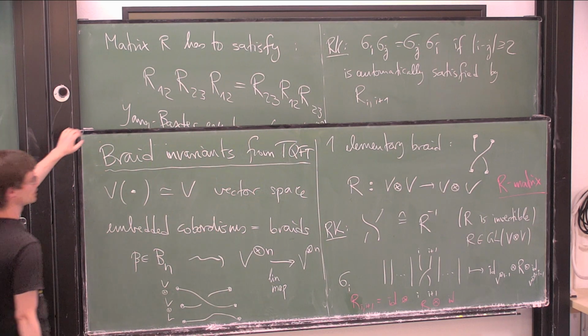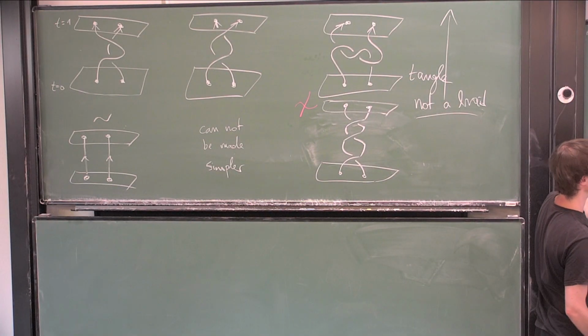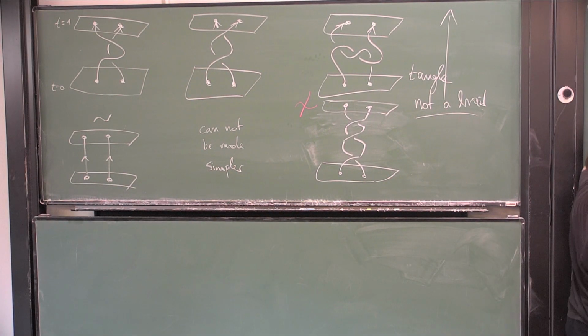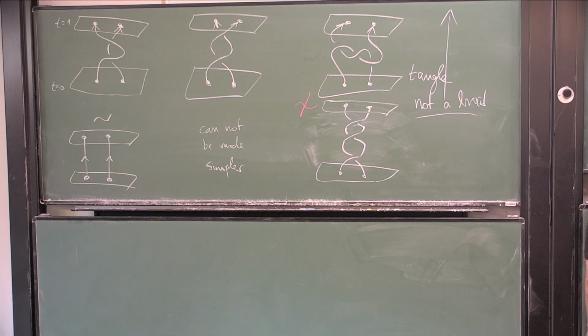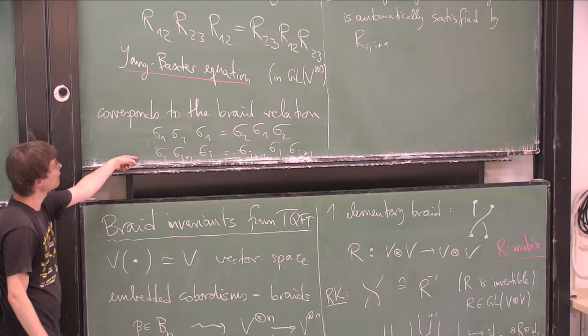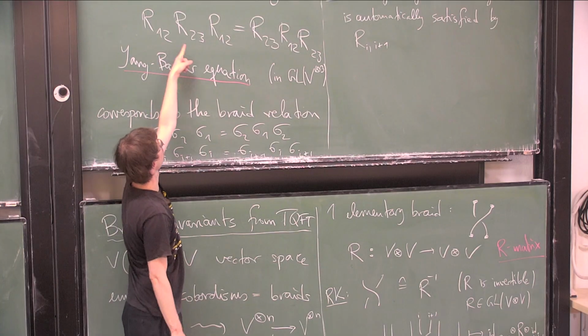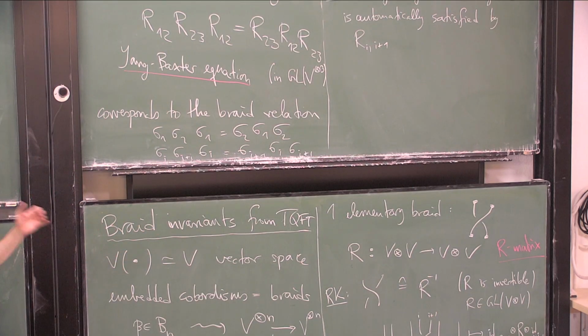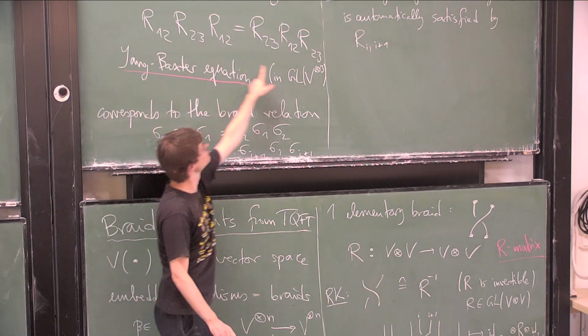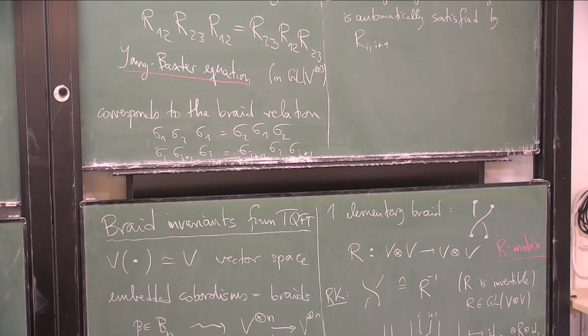So the only interesting relation, the only non-trivial relation in the braid group is this braid relation, which in general reads sigma i+1, i. In general it reads this. So actually R has to satisfy this relation with i, i+1, i+1, i+2, and so on. But literally what happens, you just have identities everywhere. The only interesting part is exactly this. This is why you have this one equation which has to be satisfied.